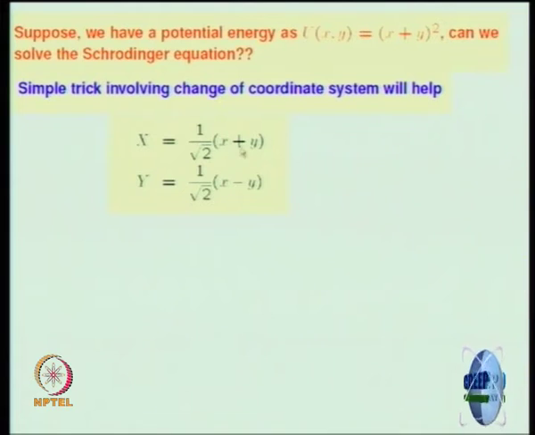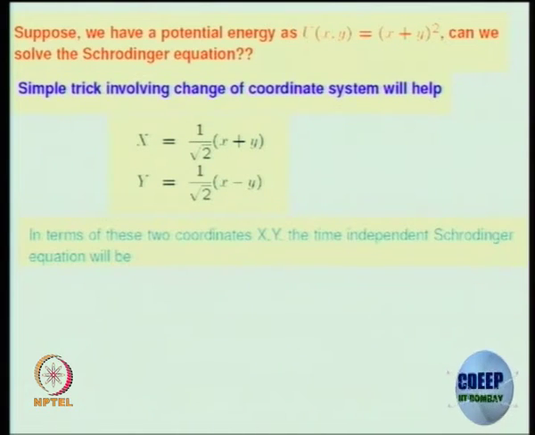If this is rotated by 45 degrees clockwise, you know what I mean, then the two orthogonal coordinates have to be of this type. Then write the Schrodinger equation in 2 dimensions, and instead of using small x and small y, rewrite it in terms of capital X and capital Y. I am sure you have done all these changes of variables many times in your JEE and your math course.